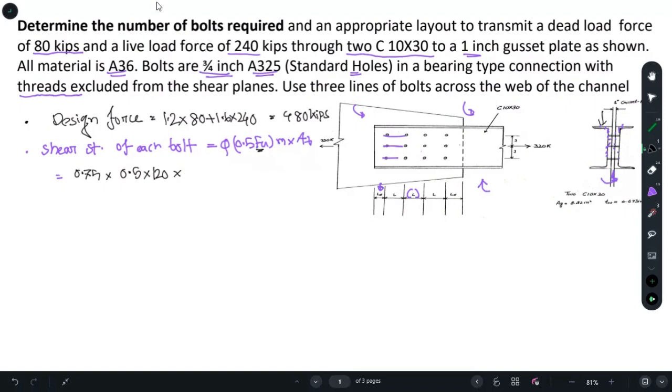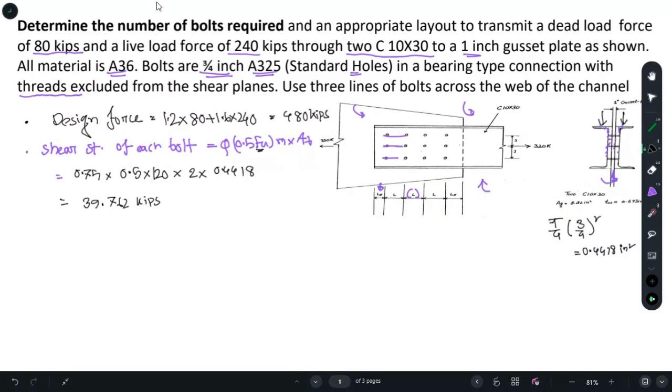This is one shear plane, this is another shear plane, so 2, and you have a cross-sectional area of pi by 4 times 3/4 squared, and you will get a value of 0.4418 square inch, and you will get a value of 39.762.